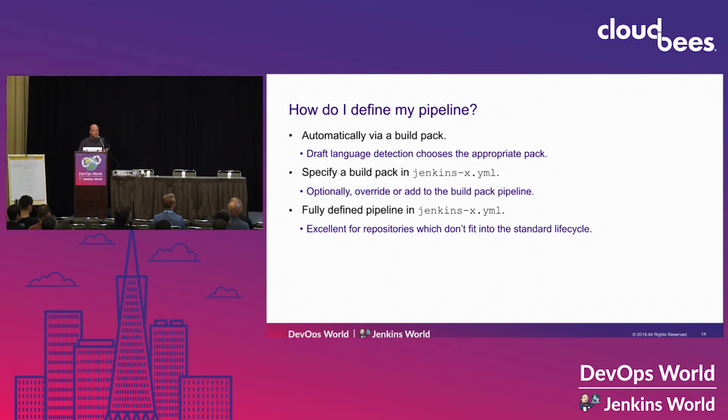But yeah, so there are three main ways to define your pipeline. First is you don't have to do anything. Jenkins X has the concept of build packs, which are standard opinionated pipelines for languages and use cases that are built in to Jenkins X. And if you do nothing, if you just import a new project or create a quick start in Jenkins X, Jenkins X will be able to look at it when it's time to run a pipeline and say, oh, there's no configuration here, but I think I can figure out what language this is, and so figure out what the right build pack is for that language.